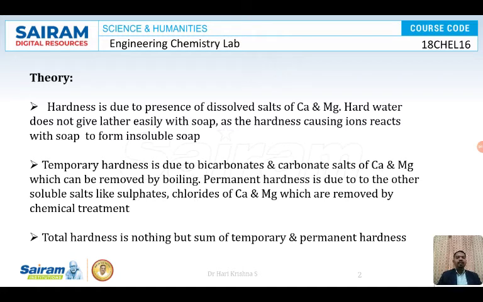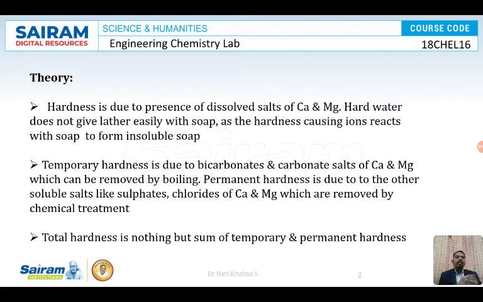There are two types of hardness, temporary hardness and permanent hardness. Temporary hardness is caused due to the presence of bicarbonate and carbonate salts of calcium and magnesium, whereas permanent hardness is caused due to the presence of sulfate and chloride salts of calcium and magnesium. Temporary hardness can be removed by boiling water.